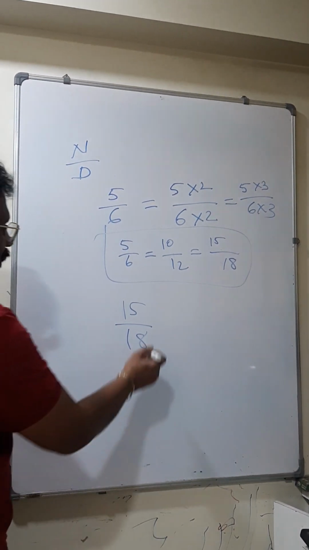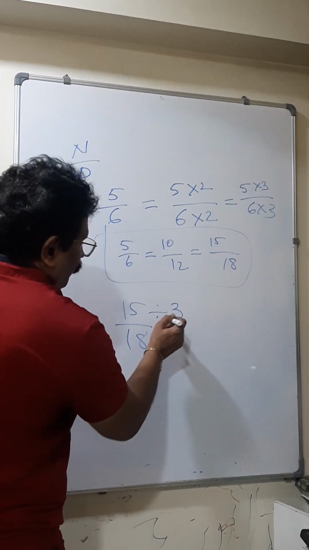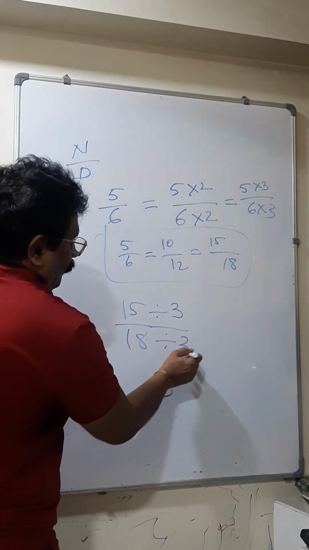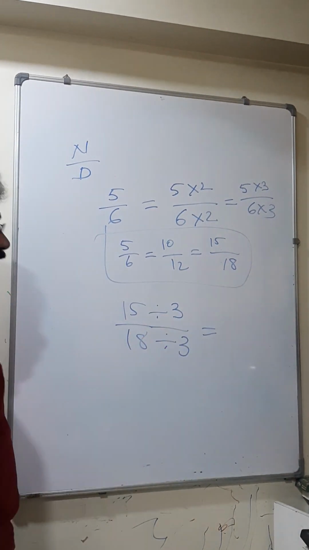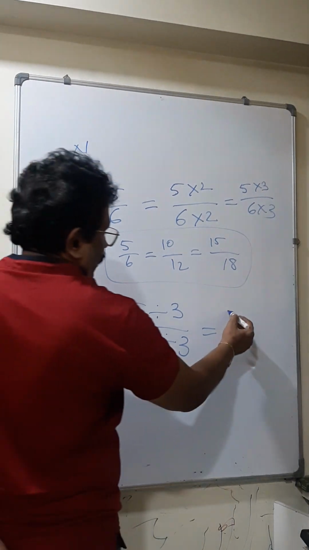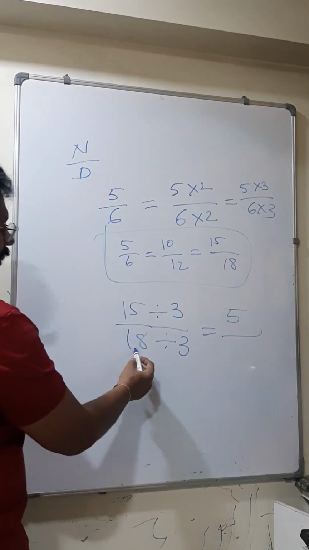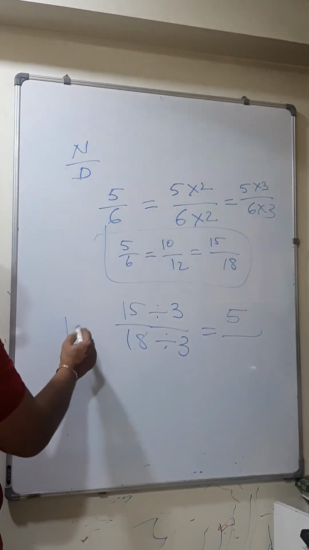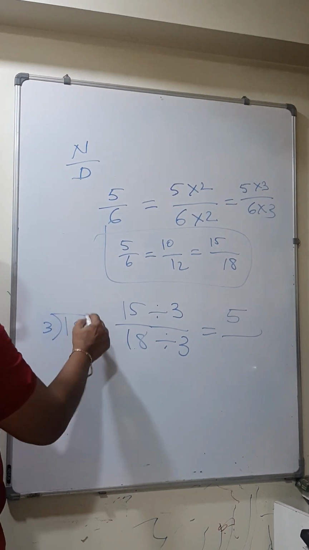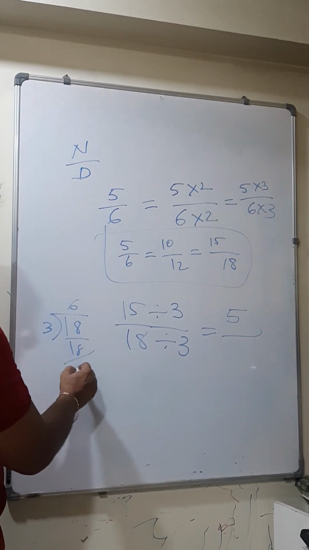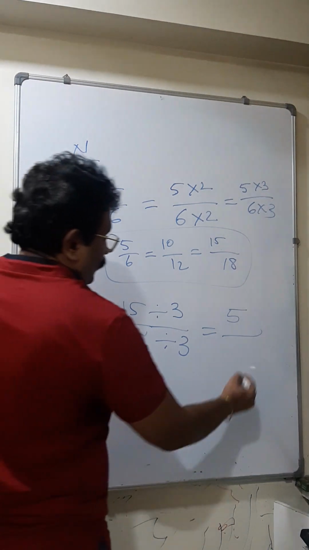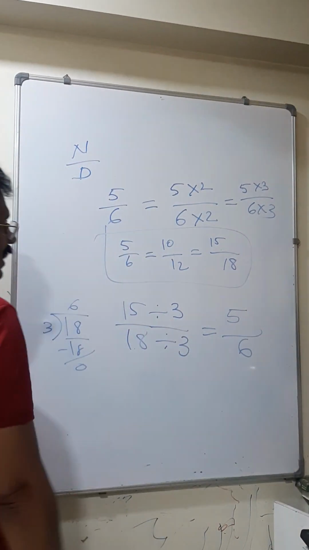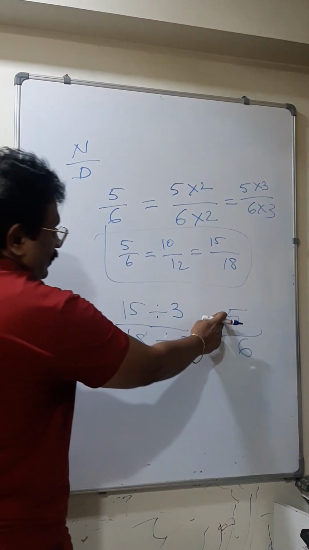Now here I will divide by 3. 15 divided by 3 is how much? 5. 18 divided by 3 is how much? 3 6s are 18, remainder is 0. So 6. See, I am getting the lowest form, 5 by 6.